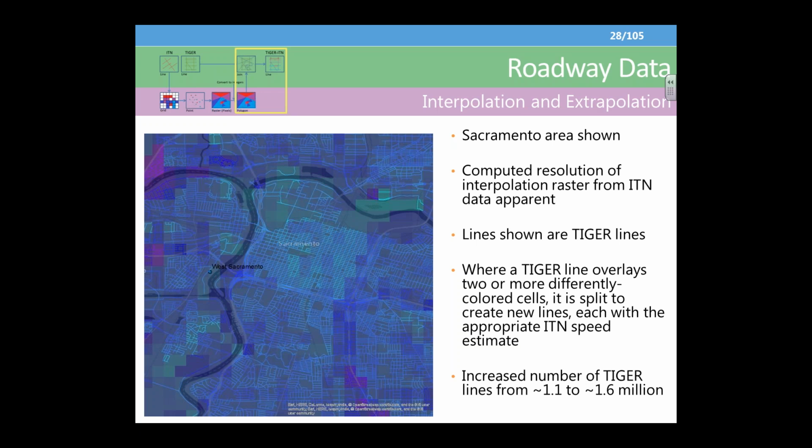This is one of the more in-depth parts of the analysis because this is fundamental and key to our coverage analysis. We have this high-resolution data set that really looks at speeds on the surface-level streets, the city-level streets, not just the highways, because when you're looking at shorter drive times, that becomes more and more important.